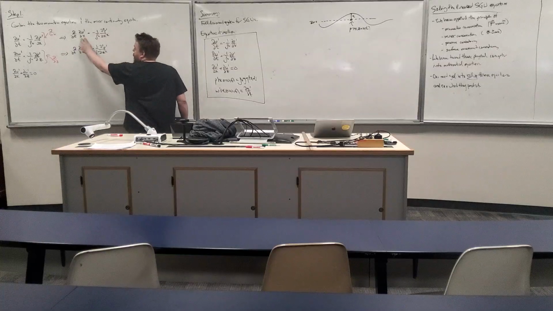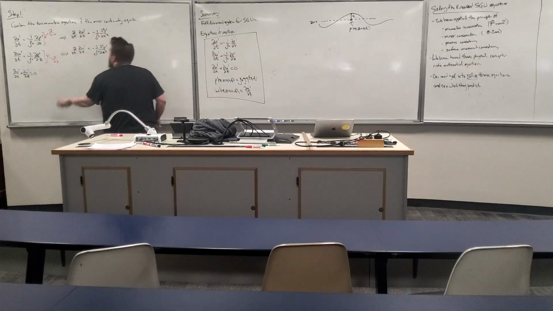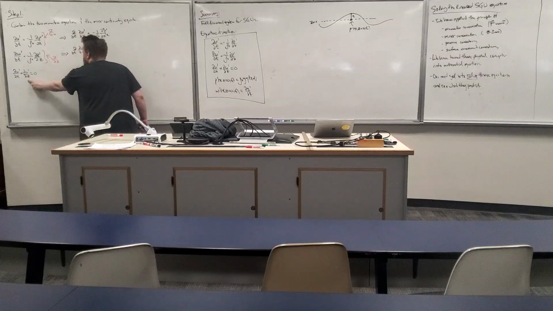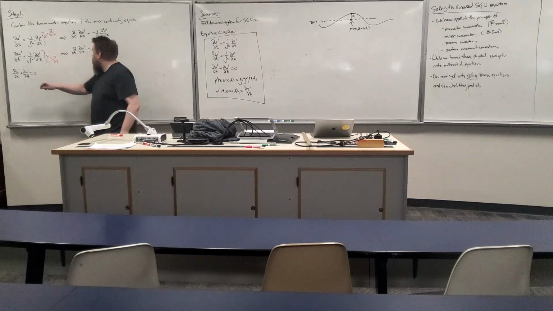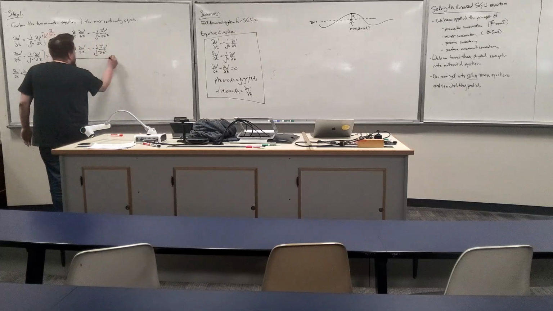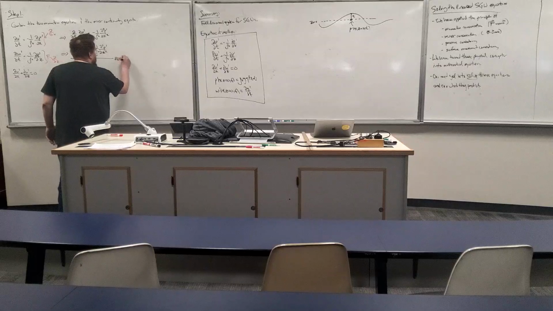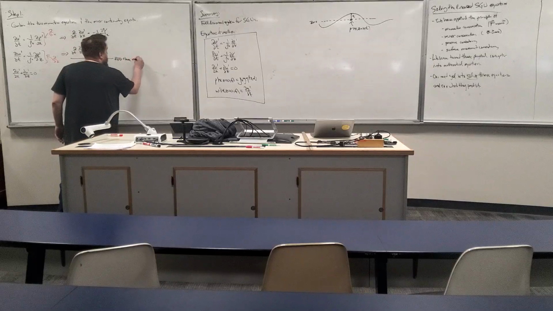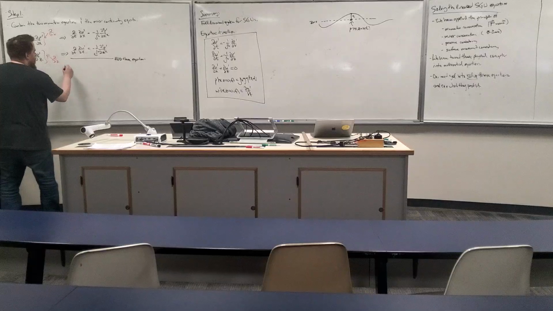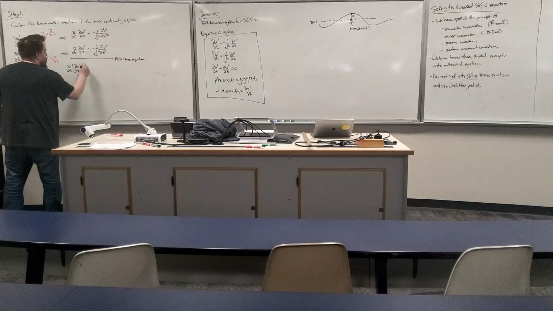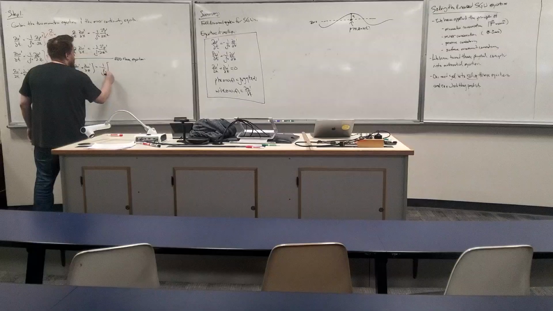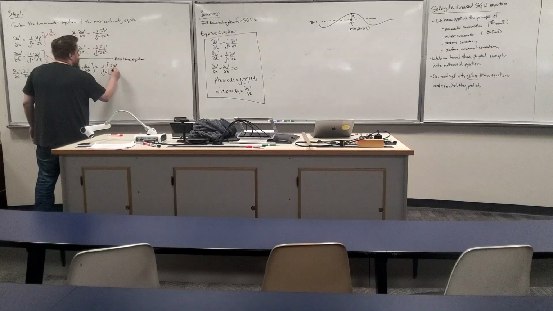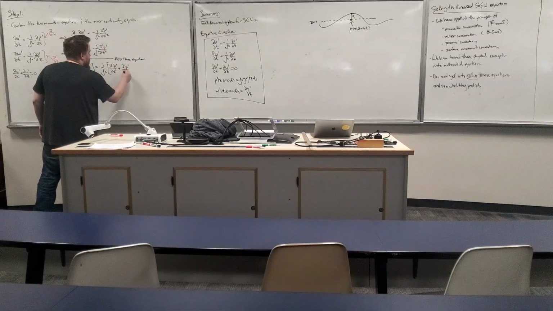On the left-hand side, this equation has du dx, which is the first term, and this equation has dw dz, which is the second term. So if we just add these equations, we'll end up with something that's going to be 0 from mass continuity. So what we end up with is d by dt of du prime dx plus dw prime dz equals minus 1 over rho naught times d squared p prime dx squared plus d squared p prime dz squared.